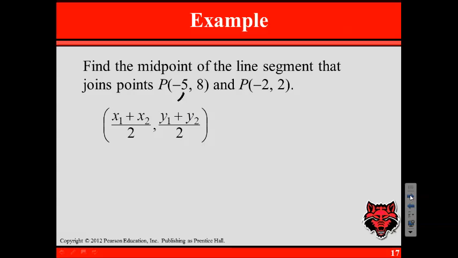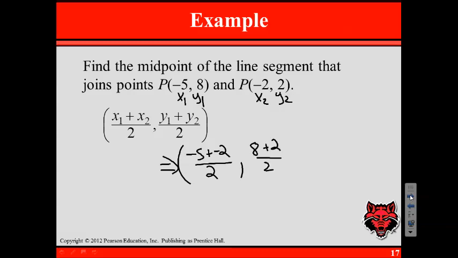So let's label the first point x1, y1, and the second point x2, y2. And just like I mentioned on the previous slide, we're going to average the x values and average the y values. And so we add the x values, -5 plus -2, divide by 2. We average the y value, so we add 8 plus 2 and divide by 2.